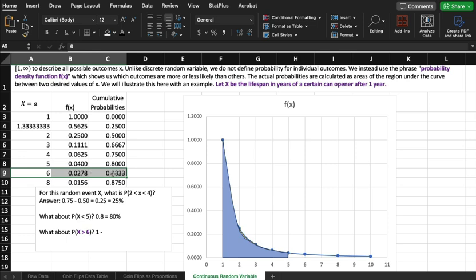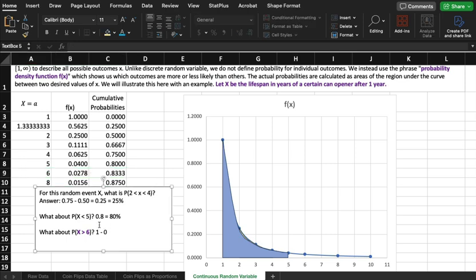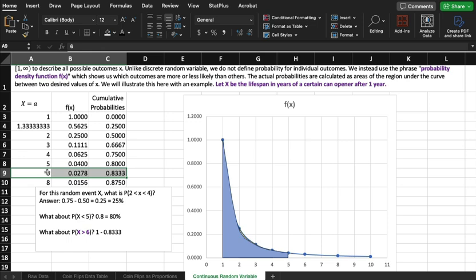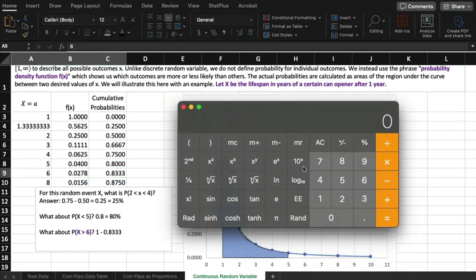That's 0.8333, so I have to put that here after the 1 minus. So it's 1 minus the cumulative probability at x equals 6, which was 0.8333. So I'm actually going to need the calculator for that. 1 minus 0.8333 is 0.1667.